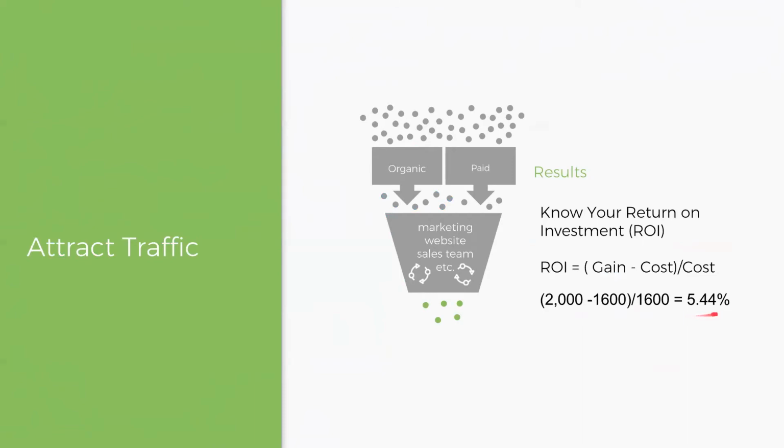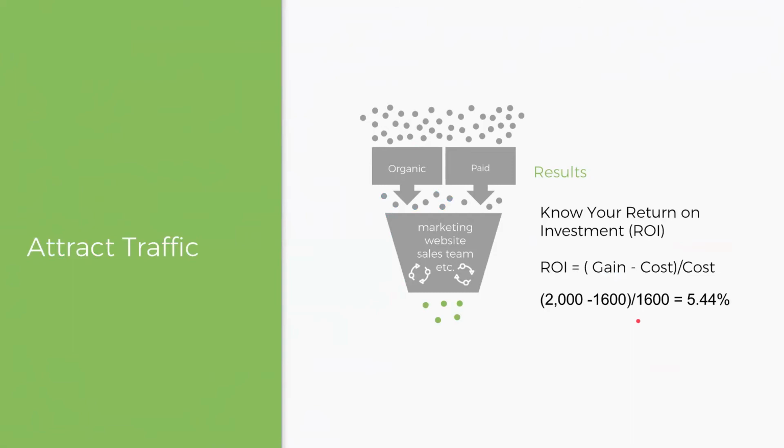So I have gained 5%. That's great, because consider if I had taken that $800 and made it an organic content, then next month I don't have to pay that $800 again, and I may have 2 clients that I gain from that.